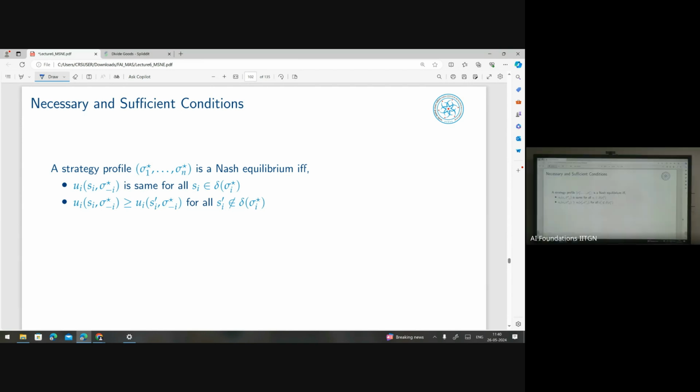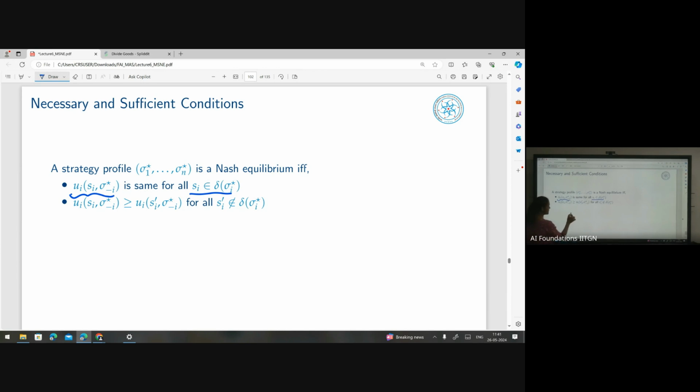Oh, okay. I'm sorry. So the idea is that whenever there is a strategy that is in your support, that means you're assigning positive probability to it. For all those strategies, the utilities that you get, given that everybody else is playing sigma minus i star, are the same. Only then this will constitute a Nash equilibrium. Otherwise, this won't be one. For a particular strategy profile to be a Nash equilibrium, as an agent I am assigning some positive probability to a bunch of pure strategies.